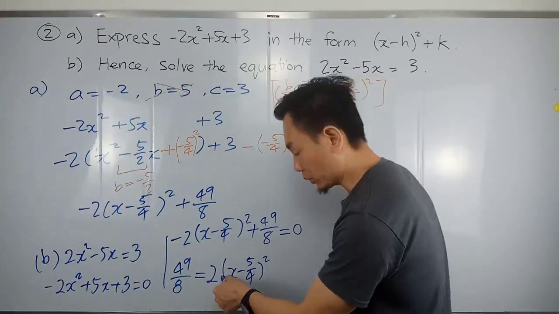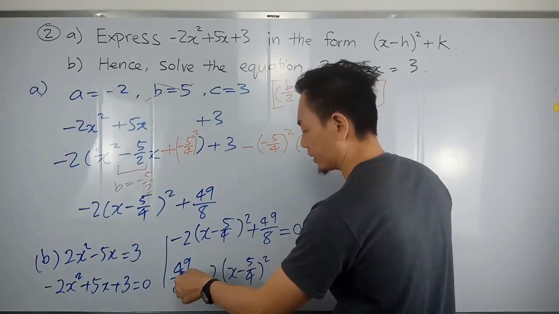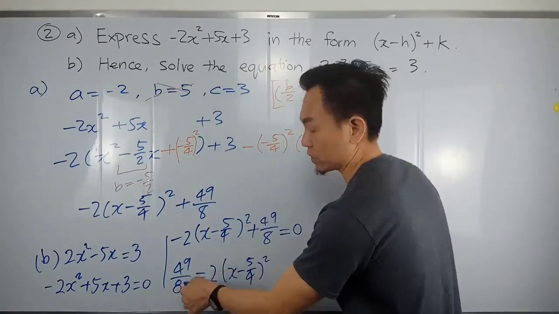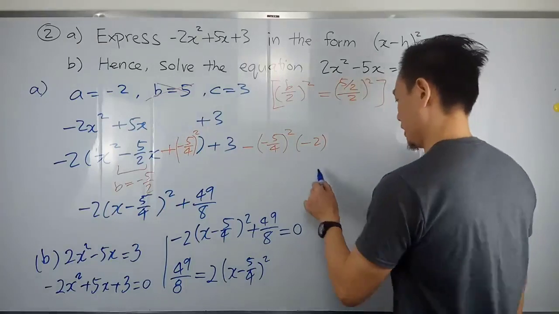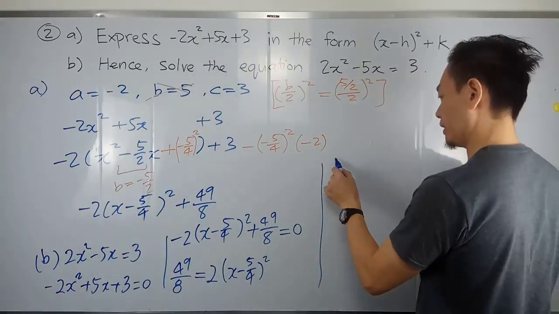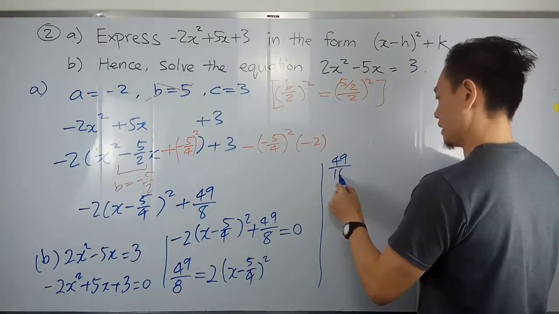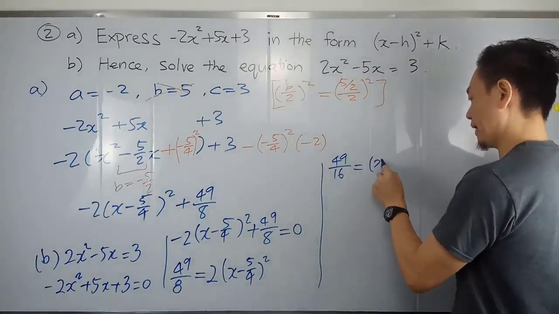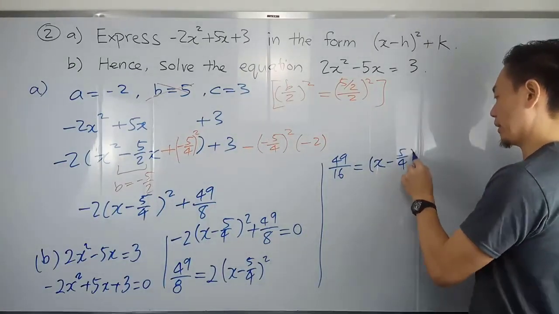Now we divide by 2, so the 2 goes over, 49 over 8 times 2. So it's just 49 over 16, right? So we have 49 over 16 is equals to x minus 5 over 4 bracket square.